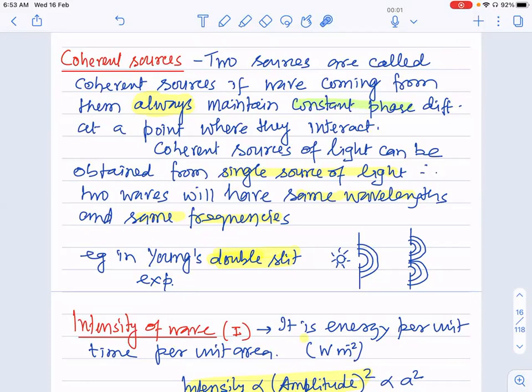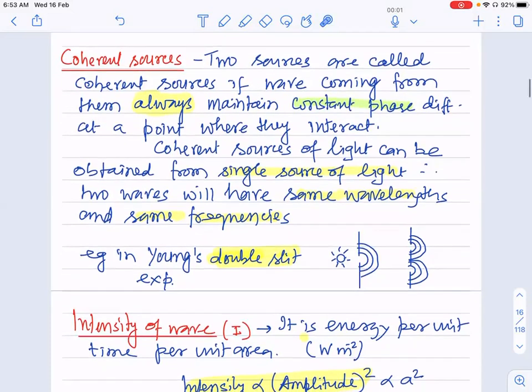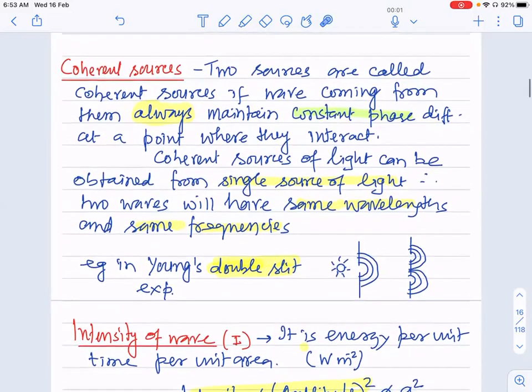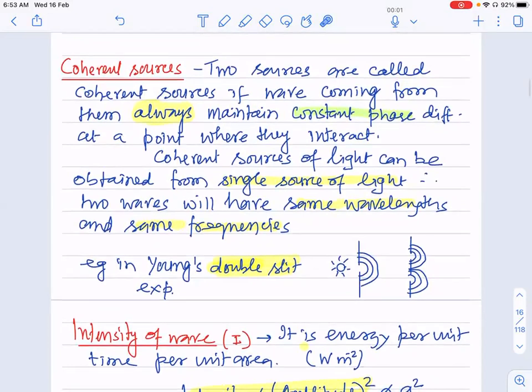Getting these points? This point, are you there or not? Yes, sir, we got it. Okay. So the main condition is constant phase difference, at the point where they interact.